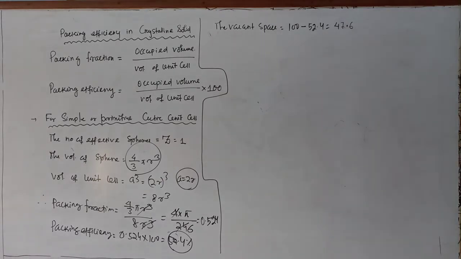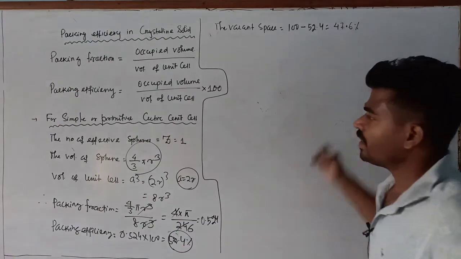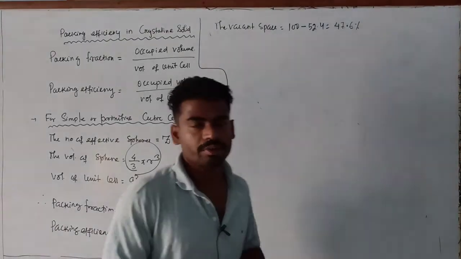So you just deduct it, so that will be 47.6% vacant in simple cubic unit cell.